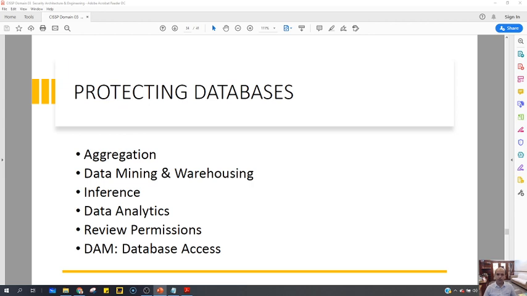Aggregation means combining records from one or more tables to produce a report, right? And then comes data mining. Data mining and warehousing means a warehouse that contains a large amount of vulnerable data. Data mining produces metadata that is more useful. Attackers normally target those data mining and warehousing businesses also.